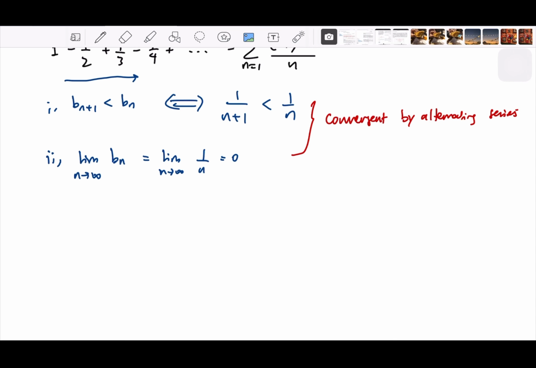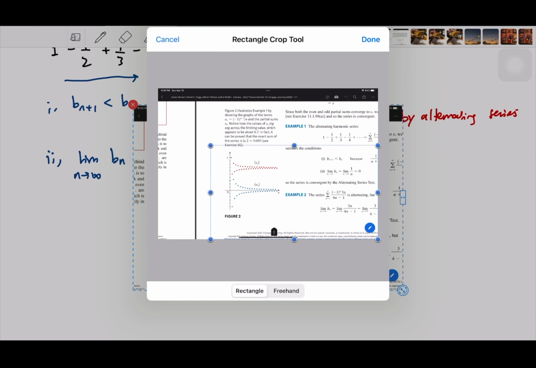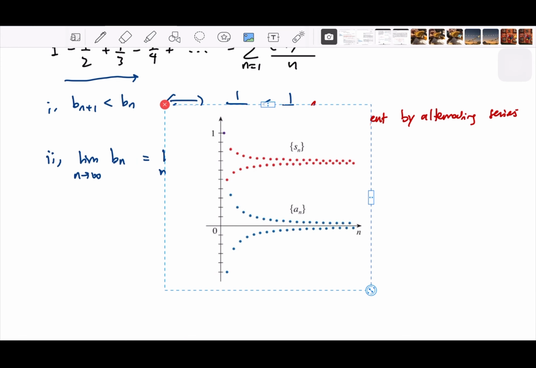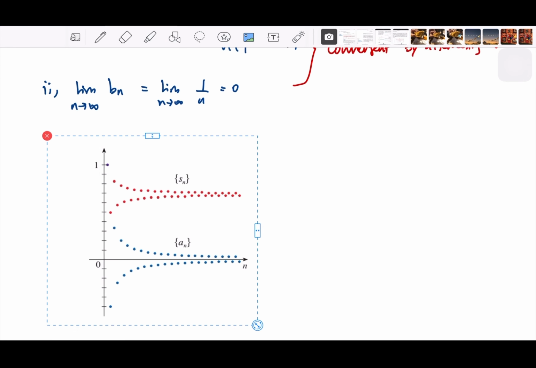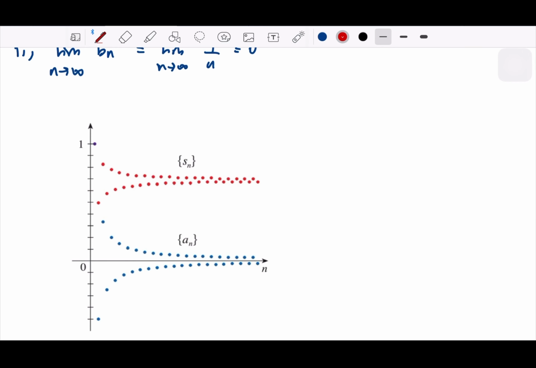Or if I have the graph, let me draw the graph. If we pinpoint all the n from n equal 1, and compare with a_n, it's going to be approaching 0, and the limit is going to be 0.